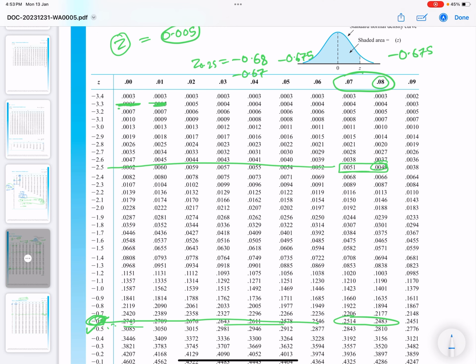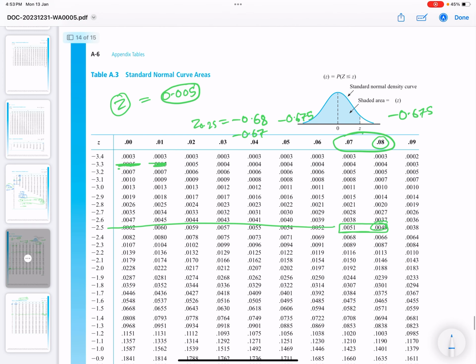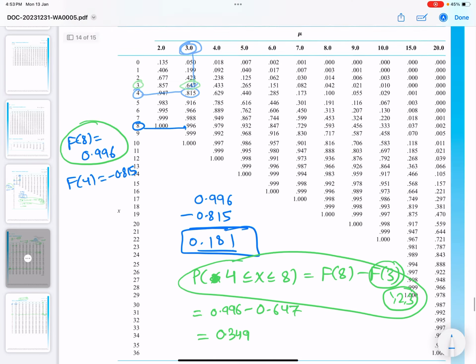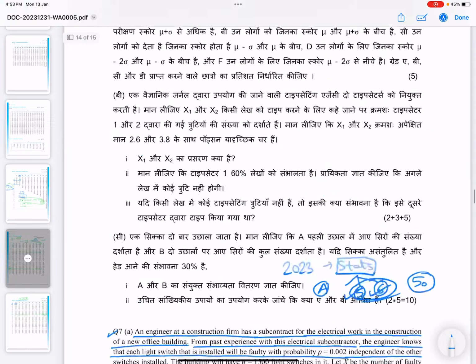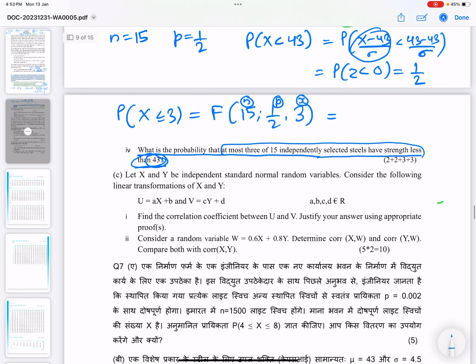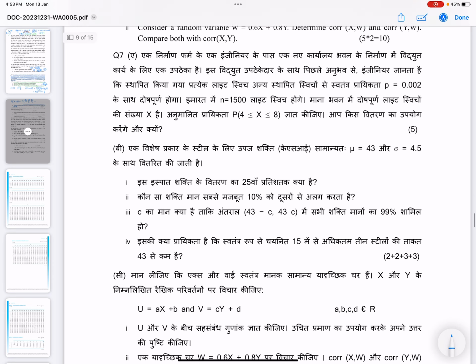Okay, so we were supposed to find this. The np, so the mean would be 7.5, then 3.